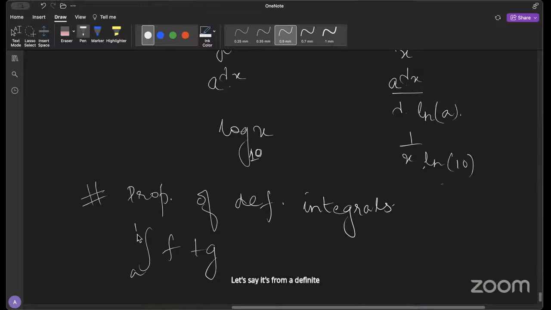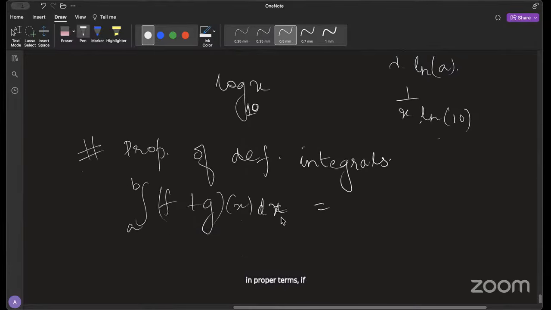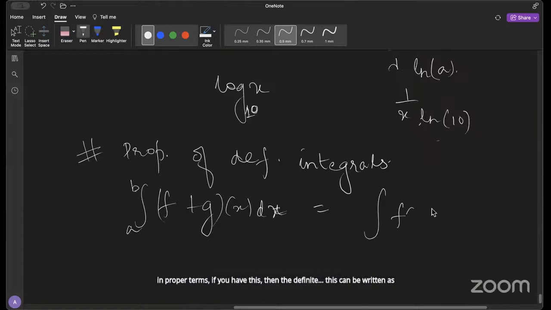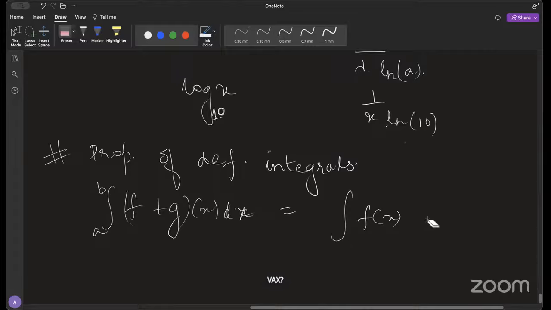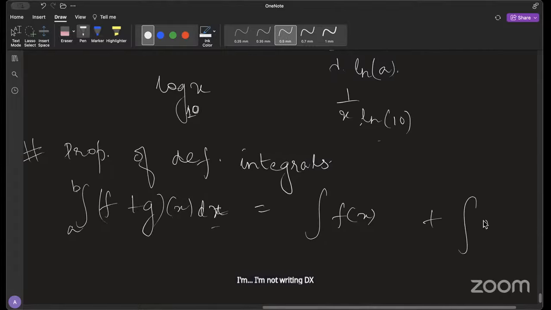Definite integrals are when you have a value from a to b. When you don't have it, it's an indefinite integral, in simple words. If you have this function, then with dx in proper terms, this can be written as f(x) dx. I'm not writing dx everywhere, but you have to.